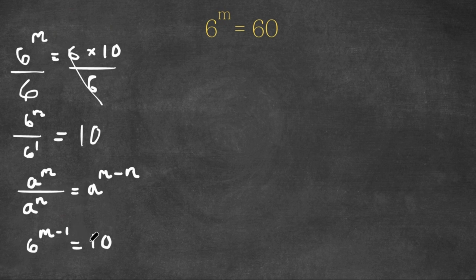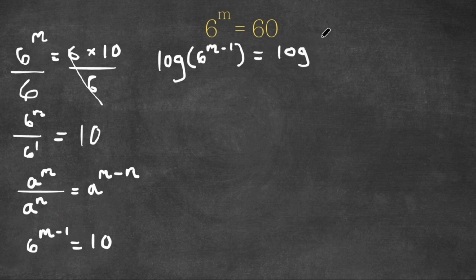Now what I'm going to do is take the log on both sides. So now we have log of 6^(m minus 1) is equal to log of 10.